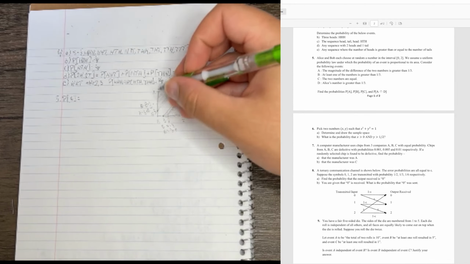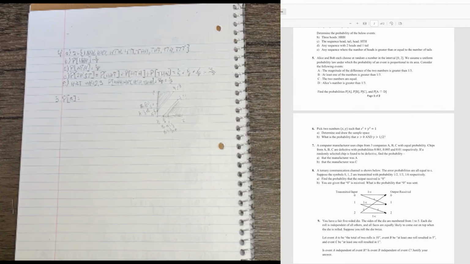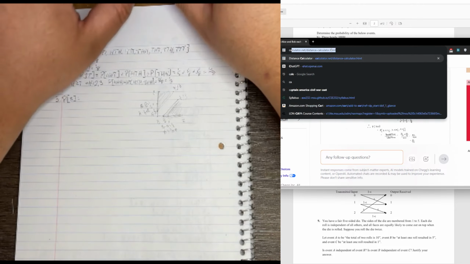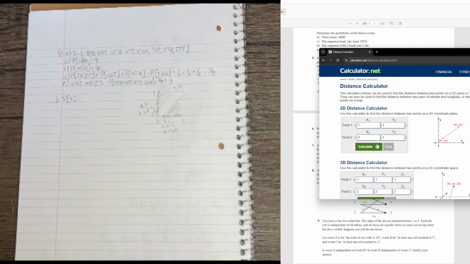And we just find the height of that, which is, let me get a calculator. Maybe. Let me try something here.